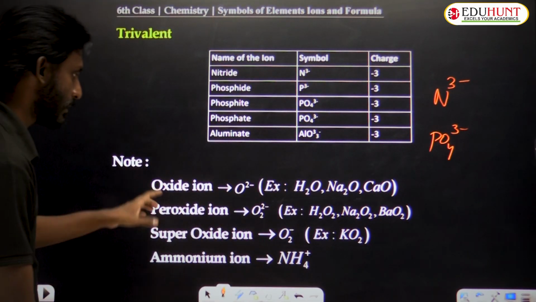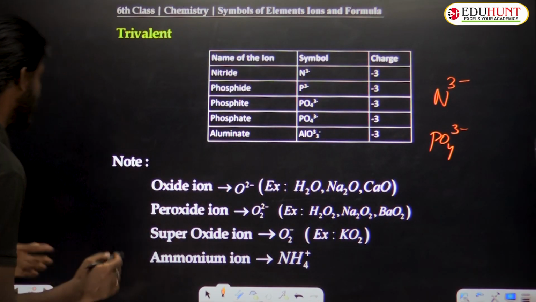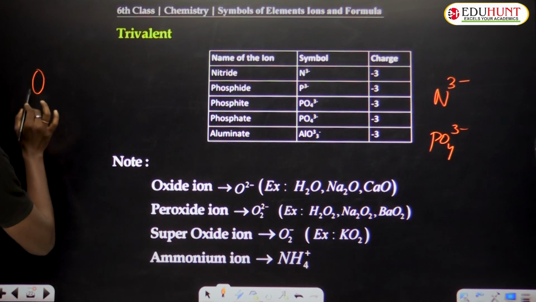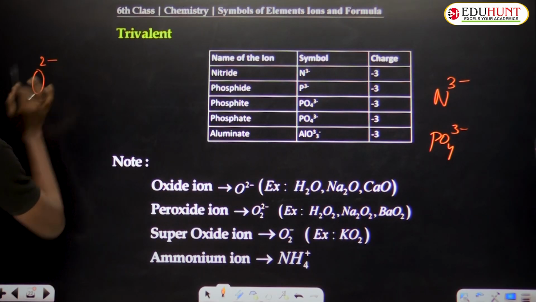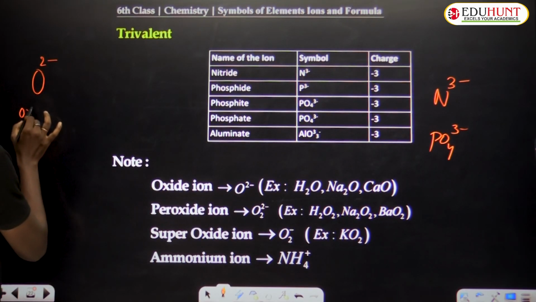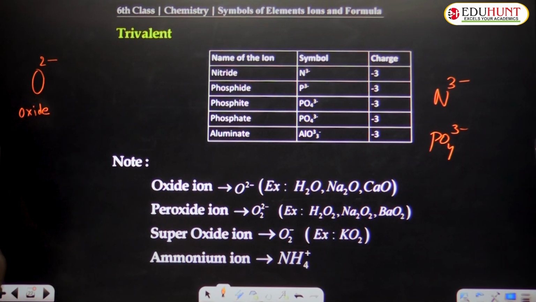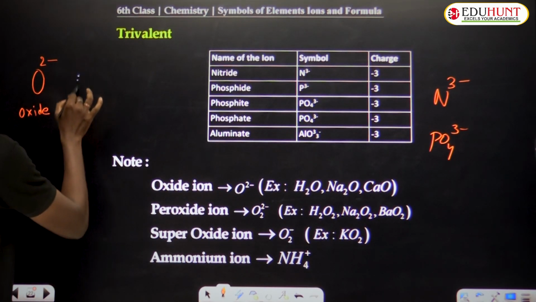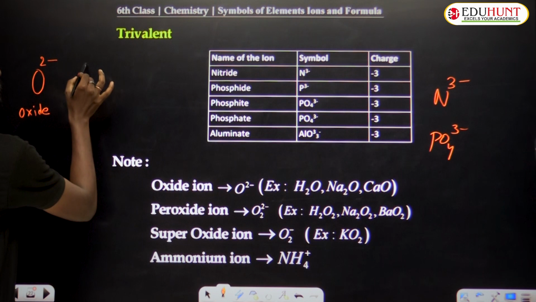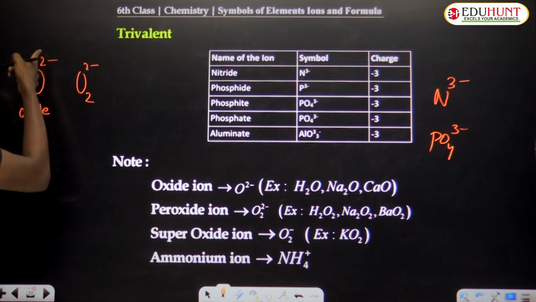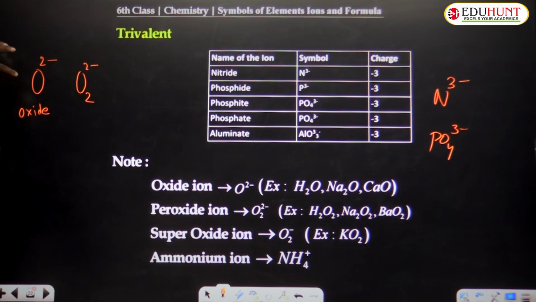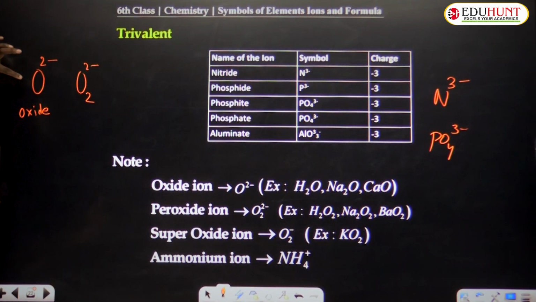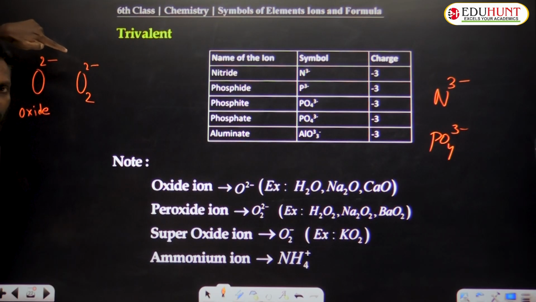And there is some important thing with oxygen. When oxygen is O2 negative, this is oxide. When oxygen is O2 2 negative, here one atom has gained 2 electrons, but here 2 atoms gained 2 electrons, meaning 1 electron each.